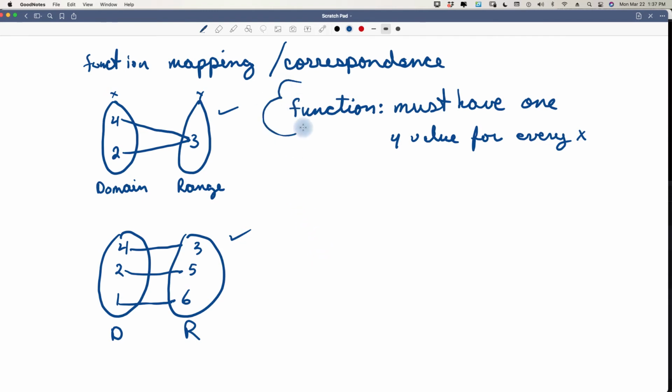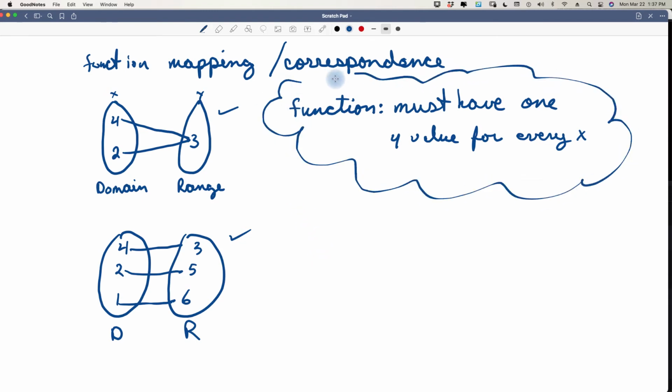Go ahead and put this in your notes. A function must have one y value for every x value.